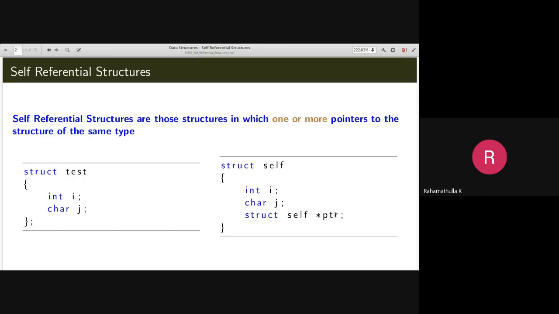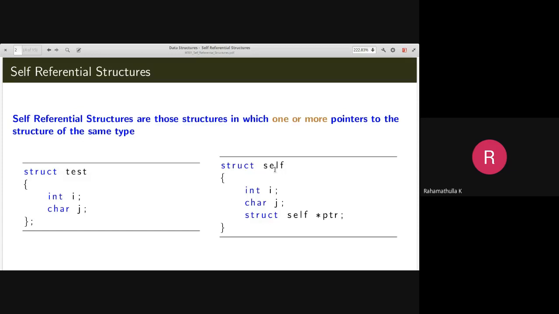We usually create a pointer to an integer as int star ptr, to a character as char star ptr. In the same way, to create a pointer to this structure data type, struct self, which is my custom data type, I create it like this: struct self star ptr. That's it.